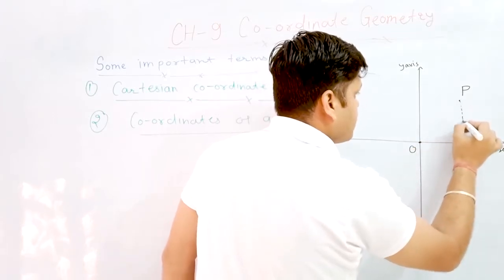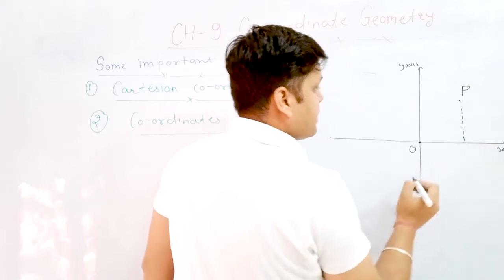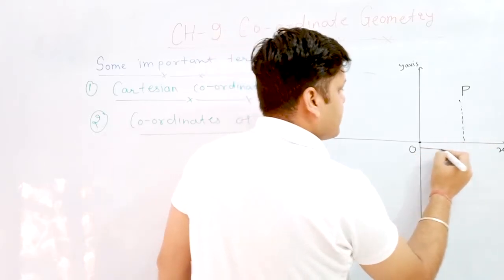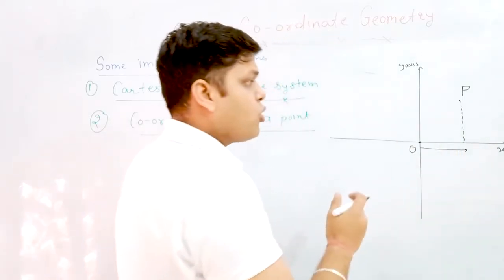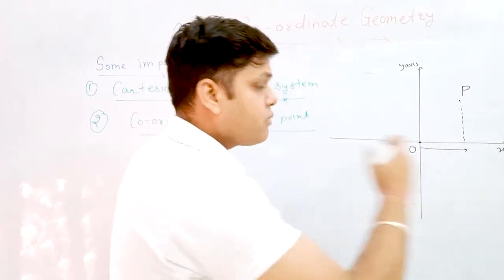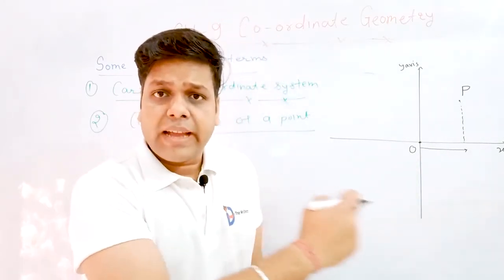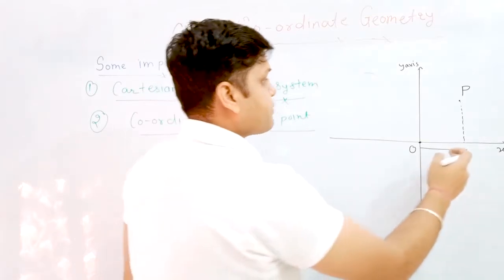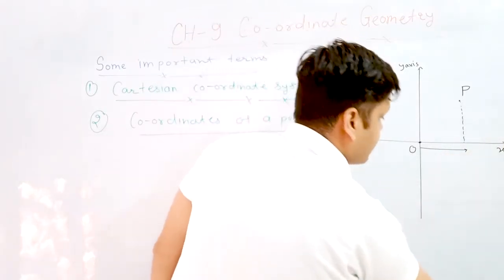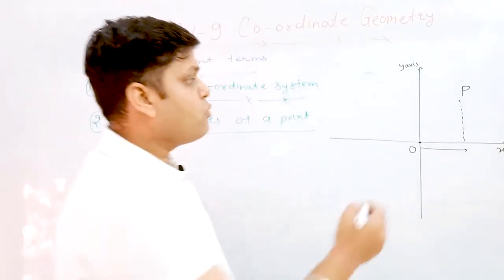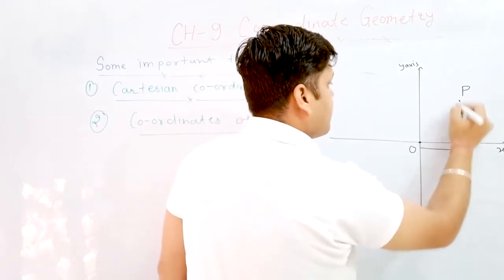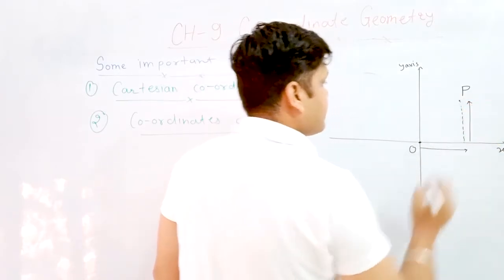If we draw the geometry like that, we move some distance from O along the x-axis, and then we move some distance along the y-axis.